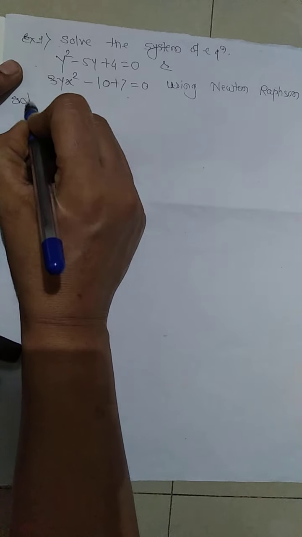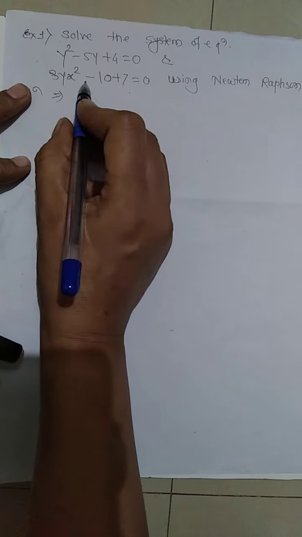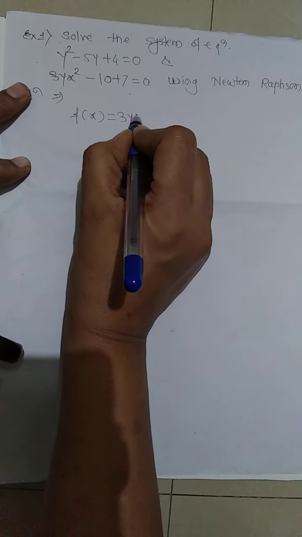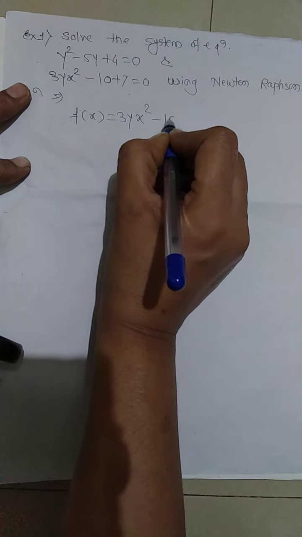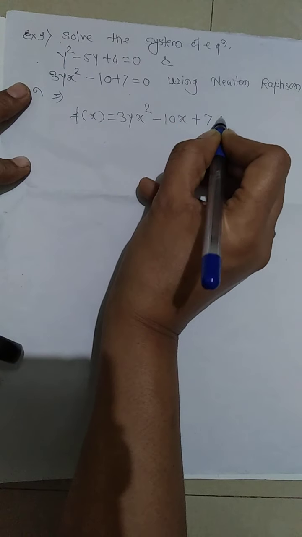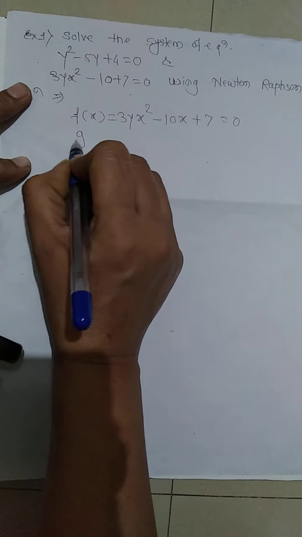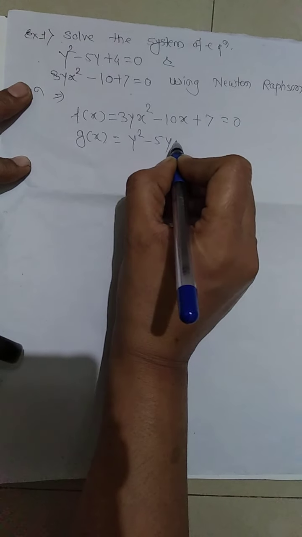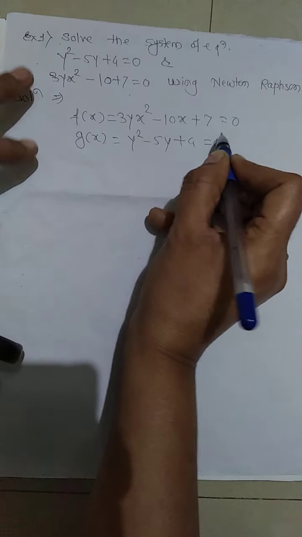First write the solution, then write given f of x is equal to 3yx square minus 10x plus 7 is equal to 0 and g of x is equal to y square minus 5y plus 4 is equal to 0.